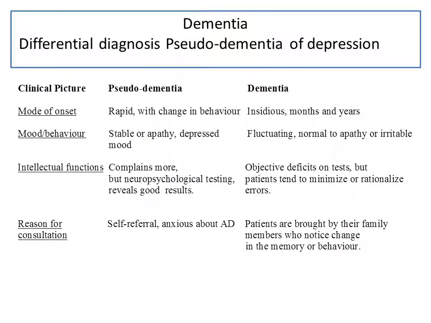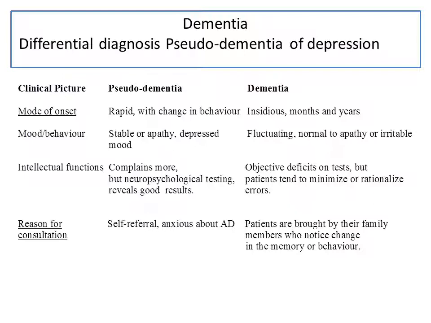Here is a table of the differences between pseudodementia and dementia. We will start with pseudodementia, which is mainly due to depression. It has a rapid onset, where the patient's mood is depressed or apathetic.